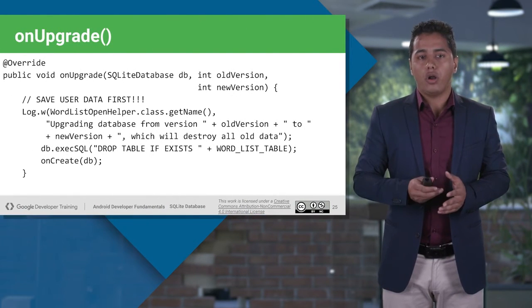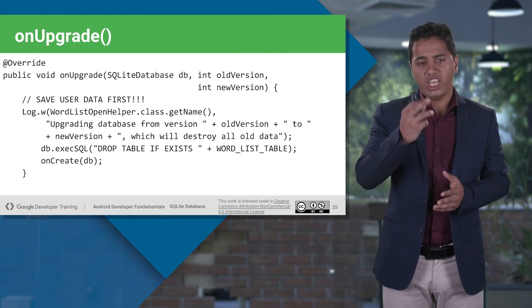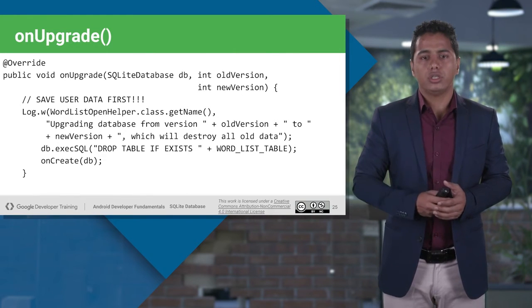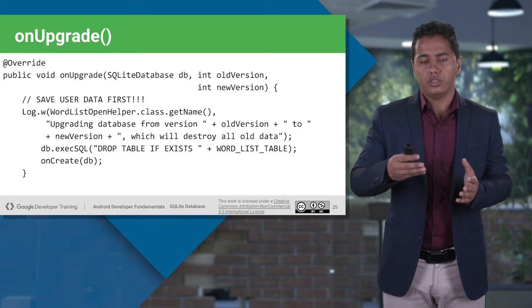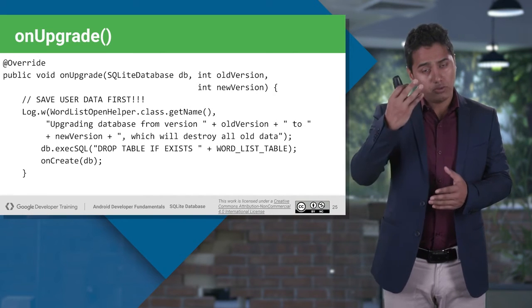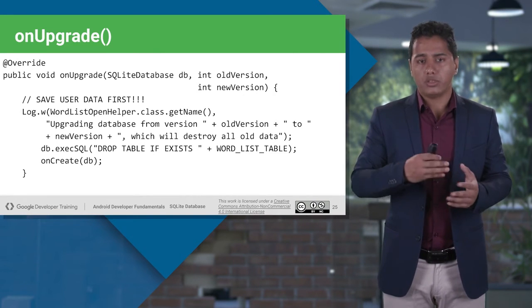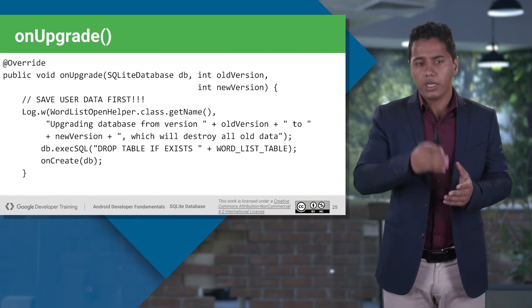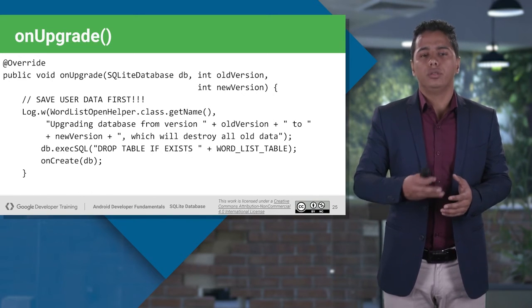Now let's just talk about onUpgrade. Like I told you that if you decide to change the version at the later stages, let's say instead of 2 columns now you have 3 or 4 more columns. Now you have to change the version at the top. As soon as you change the version, automatically onUpgrade gets called, and inside this you can put the code.